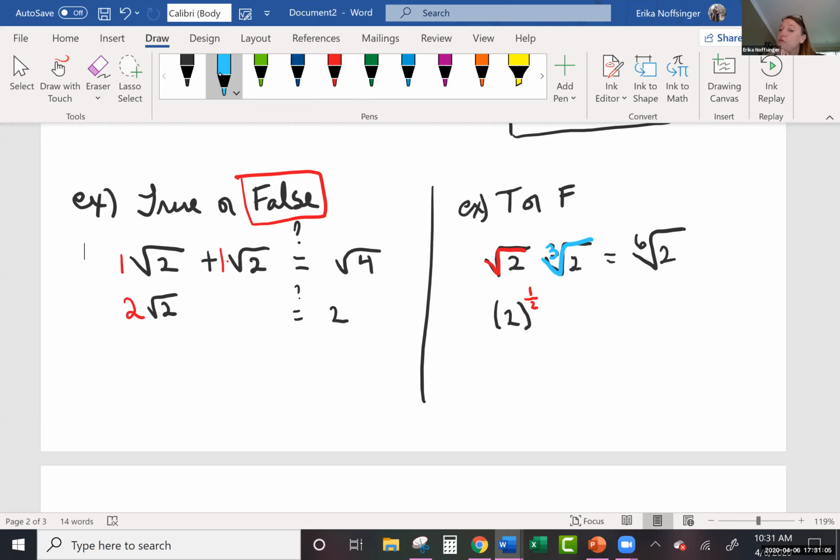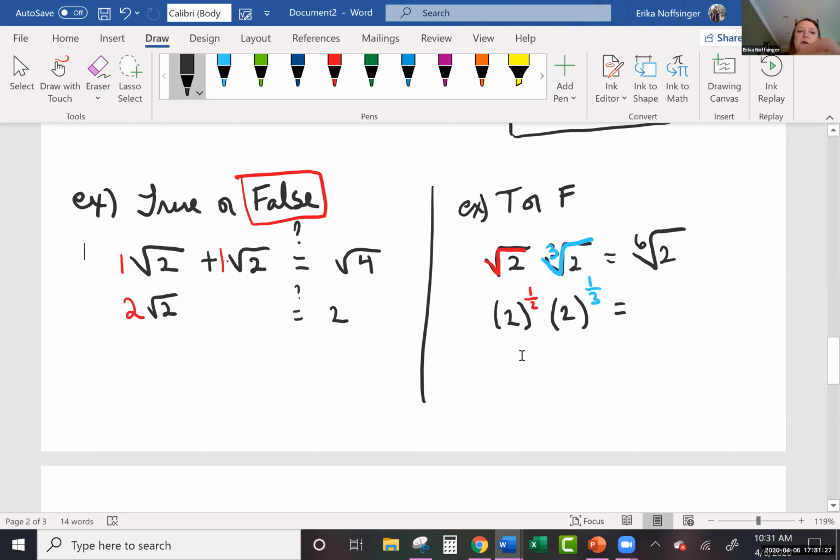Okay, so cubed root of 2. This is going to be 2 all raised to the 1/3 power. Okay, notice these are same base.